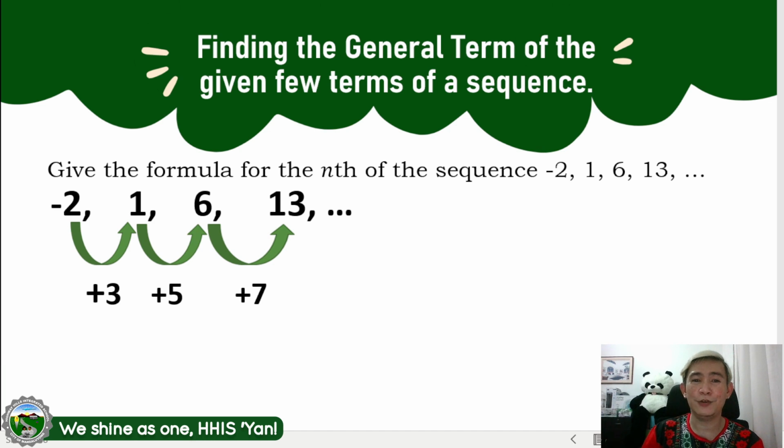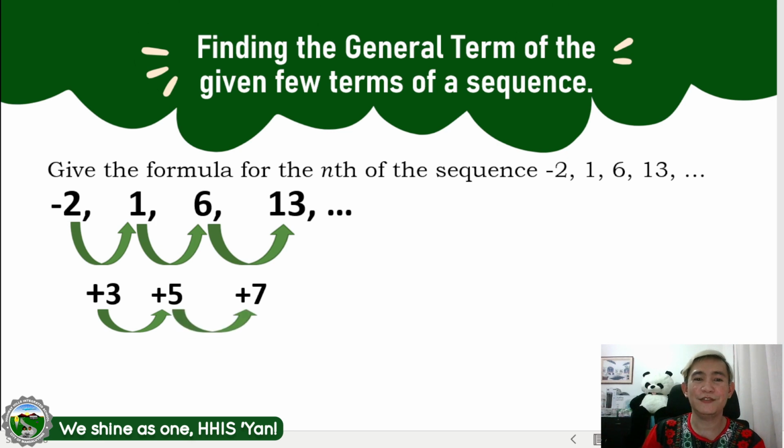So the first row are not equal. So therefore, we didn't get the pattern yet. So to get the pattern, we have to study the pattern in the second row, which is 3 becomes 5 and 5 becomes 7.